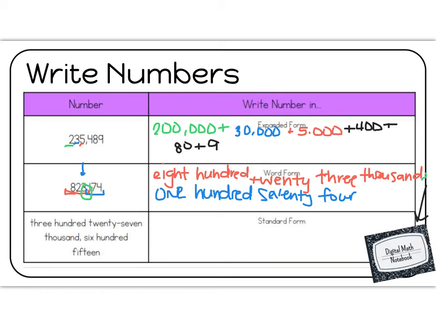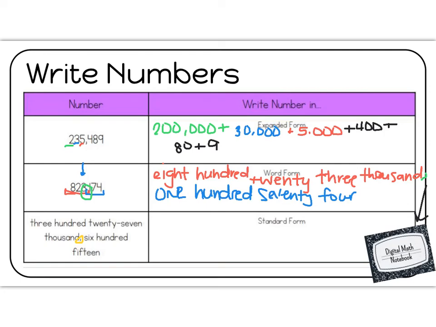And lastly, we have a number that is already in word form, and we need to write it back in standard form, or the way that we typically see a number. So the first thing we want to look at is we want to look for those commas, and we want to pay attention to the numbers, like we did in word form, that go together. So we have 327,000.